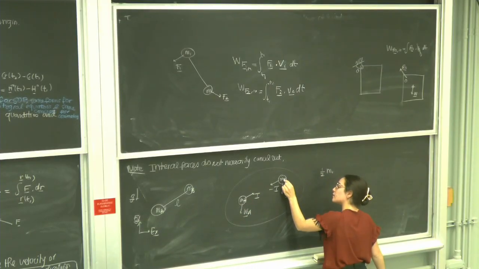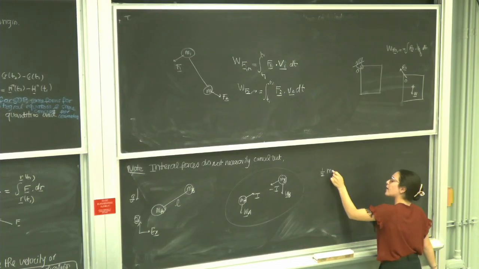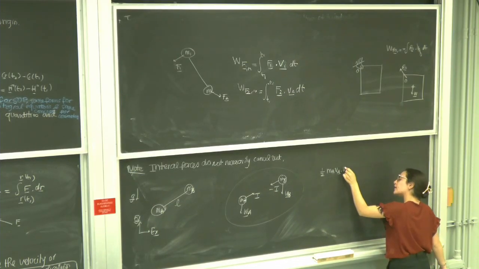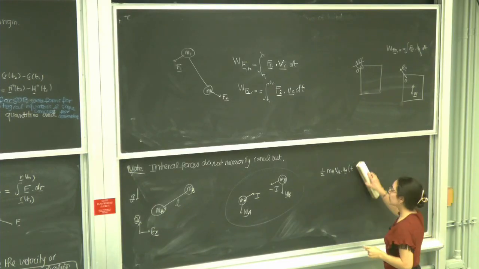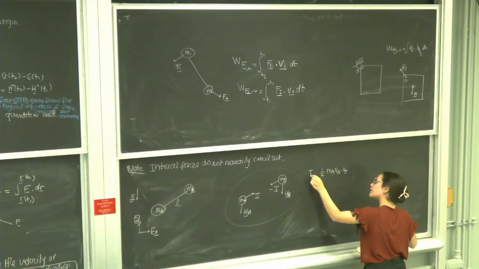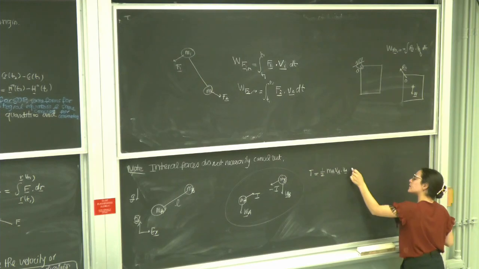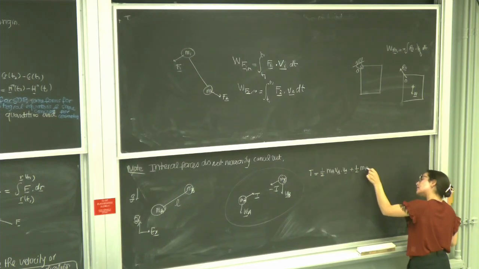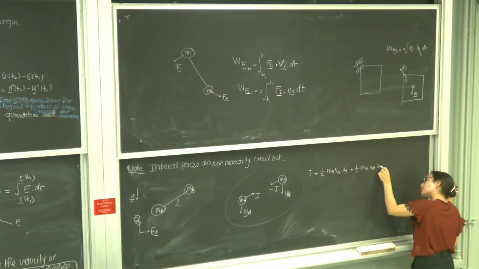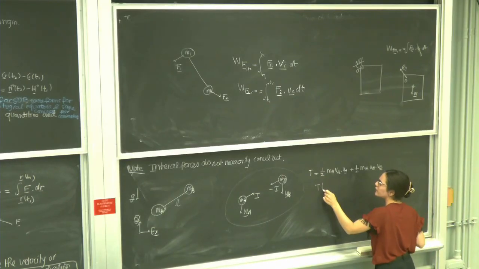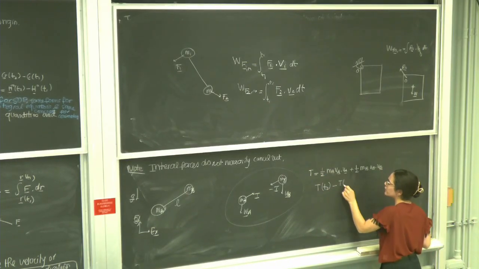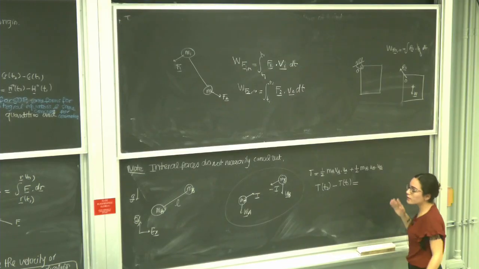The kinetic energy of the system is half MA VA dot VA plus half MB VB dot VB. Right? And I can say the kinetic energy of the system at time T2 minus the kinetic energy at time T1 is the work of all the forces.